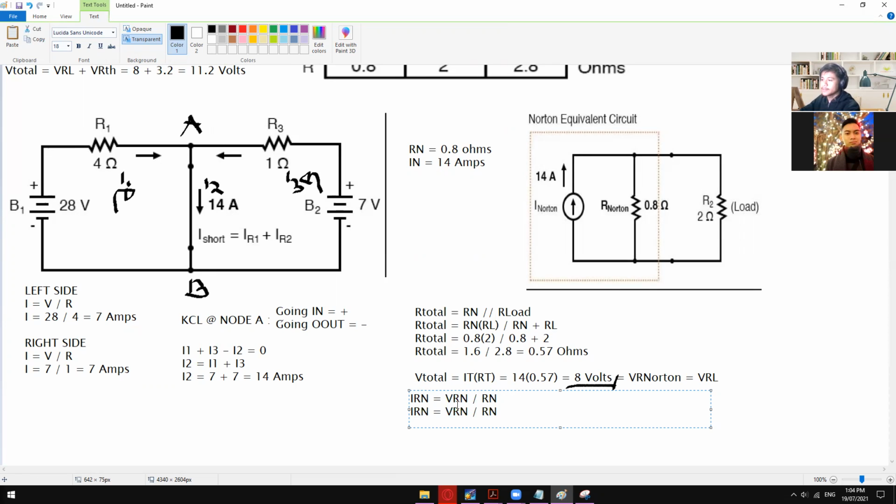So IRN, so VRN or VR Norton is 8 volts divided by RN, which is 0.8. So this will give us a value of 10 amps.